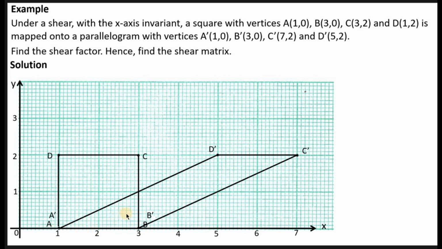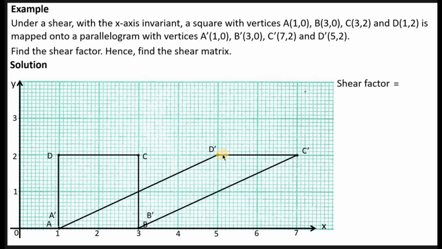Now in such a case, when they are saying find the shear factor, we'll just use the formula. The shear factor is going to be the distance of the image point from the object point, over the distance of the object point from the invariant line.